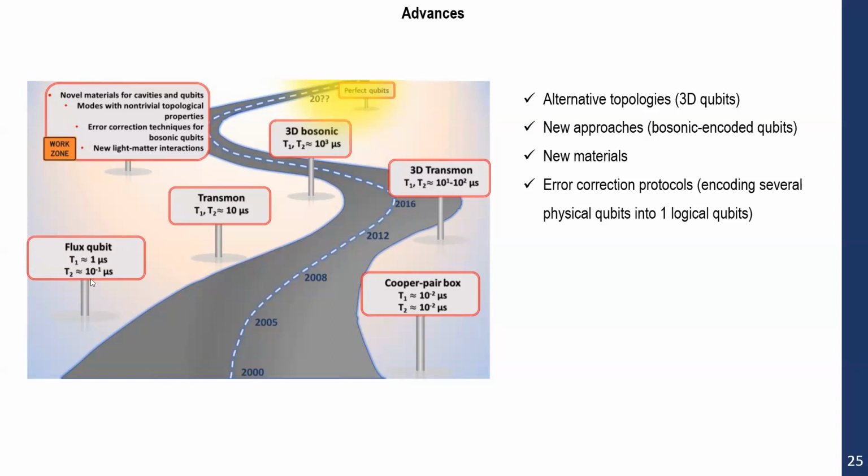Then flux qubits appeared, based on the quantization of the magnetic flux through a coil.